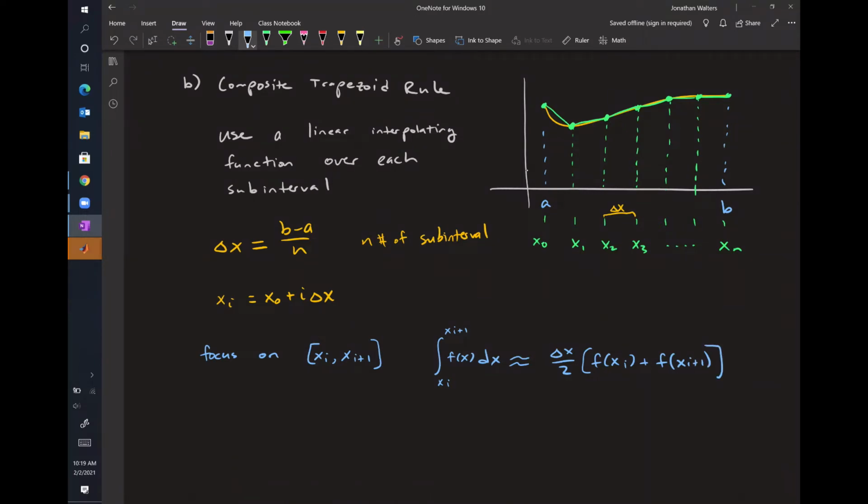If we use a single trapezoid or a single linear interpolating function over one interval, this is the formula. That's what we just derived.